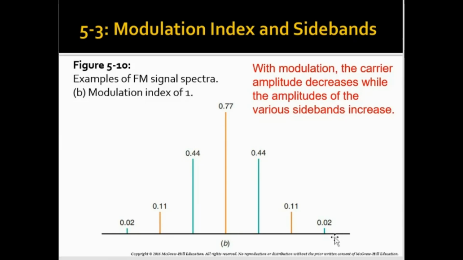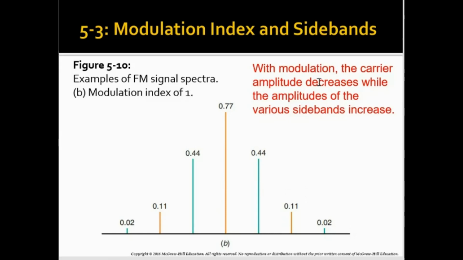And this is the bandwidth you need for this modulation index, to receive all the power. But if you don't need the power of, let's say, 0.02, you can adjust your bandwidth to a smaller range.